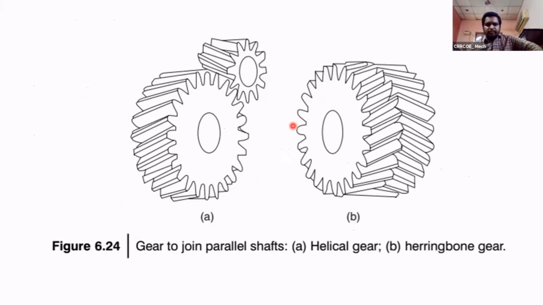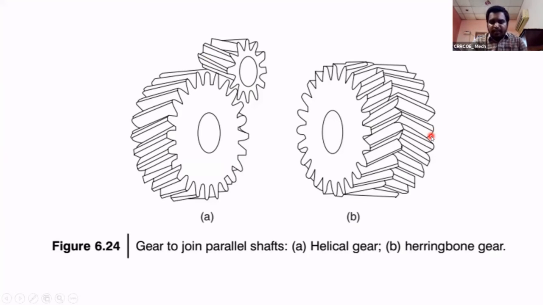Here the two shafts are parallel, and the motion is transmitted from one shaft to the other by using helical gears. This is the helical gear, and this is the herringbone gear.